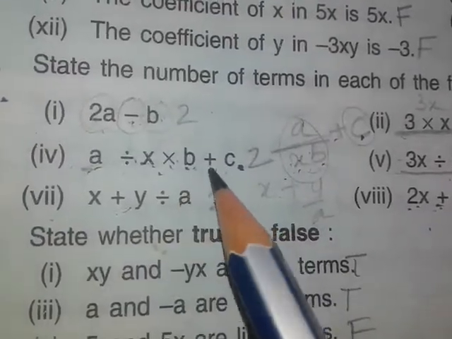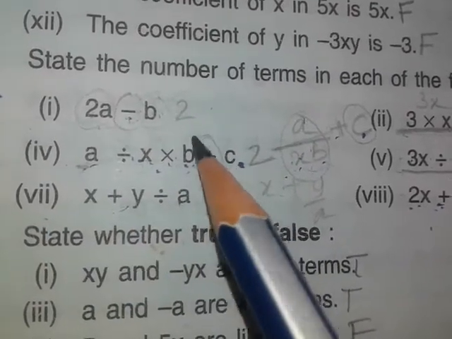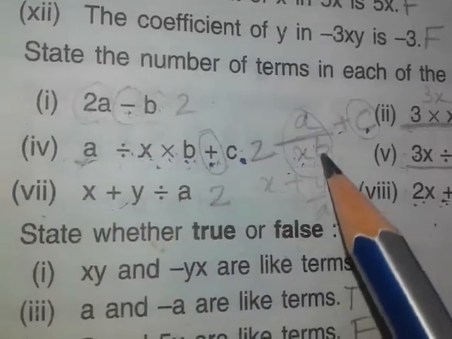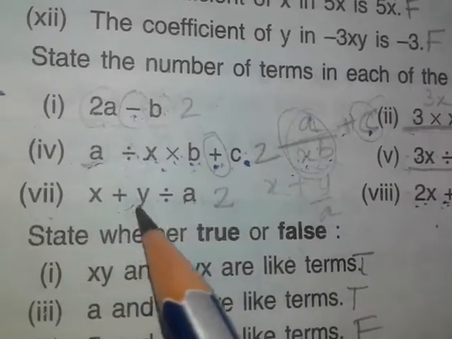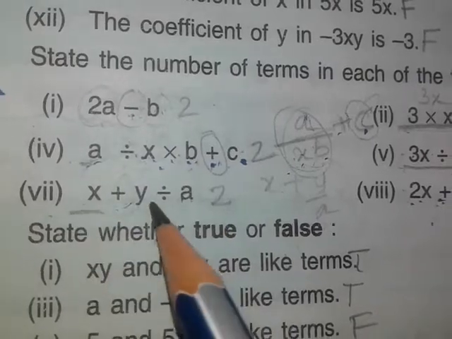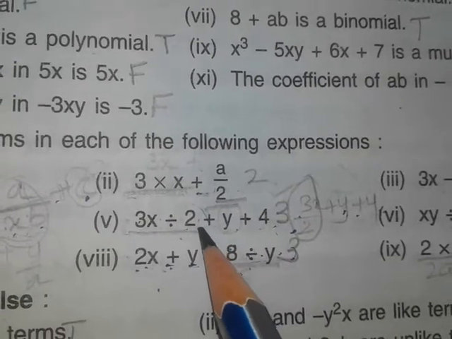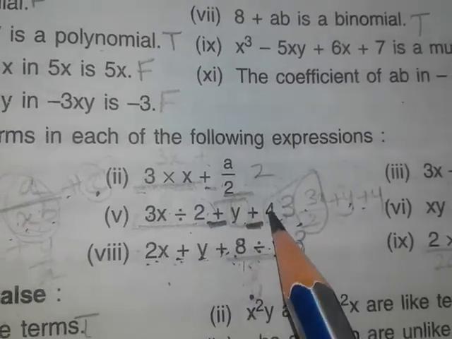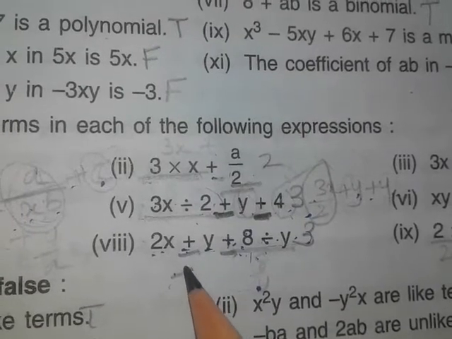Here, is there any other plus or minus sign? No, only one sign is there, so two terms: 8 by x, and b plus c, so 1 and 2. x plus y divided by a: only one plus sign is there, so again two terms. Here also 1 and 2. Here 1, 2 and 3, so 3 terms are there. Here 1, 2. We have to check only plus or minus.